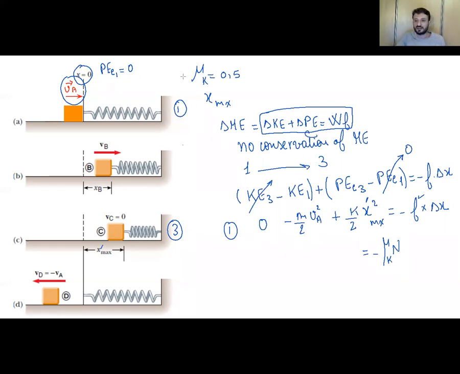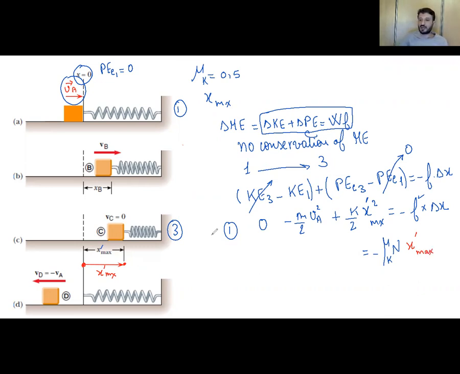You see here, the displacement is from here to here, so it's the same value as x prime maximum.